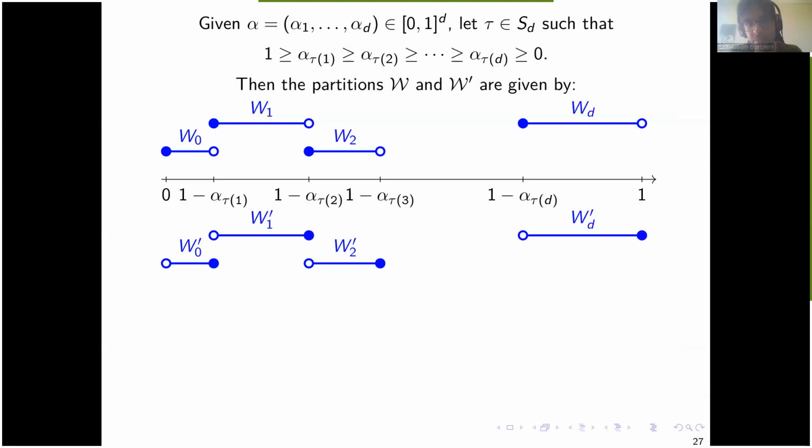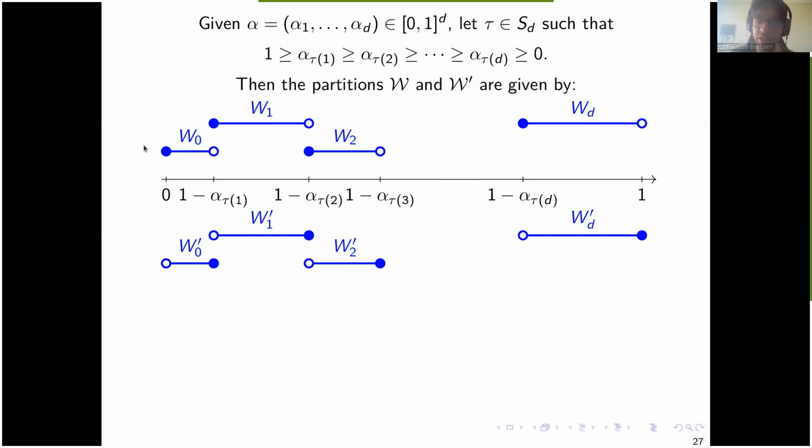So it's this, right? I have my vector alpha 1 up to alpha D in [0,1] to the D. I order it using some permutation so that the largest number comes first and the smallest number comes last. And then the partitions are just going to be this one. So I start in 0, I go to 1 minus alpha t1, I go from this one to 1 minus alpha t2.